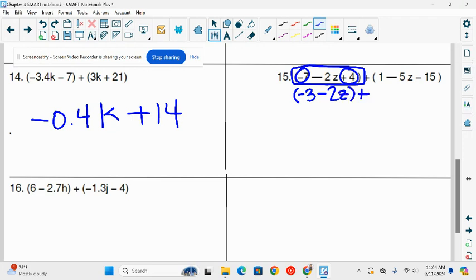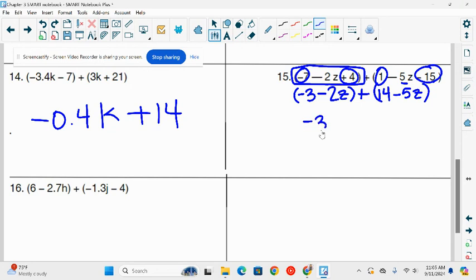And then in my second set of parentheses, I have a constant, variable, constant. Is there anything we can put together? The constants. Constants can go together. Can I do 1 minus 15, which gives me 14 minus 5z? Now can I stack it up and just do it? Yeah.